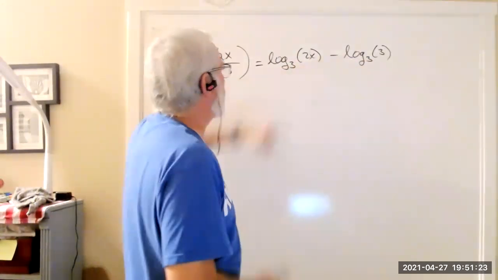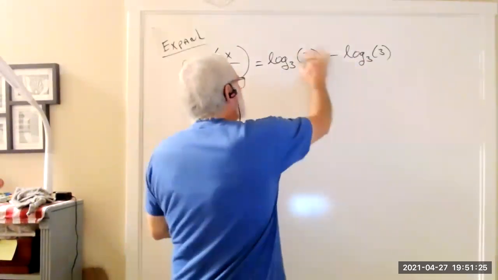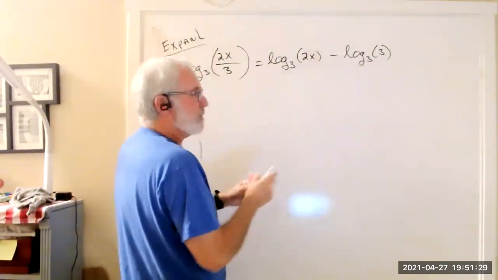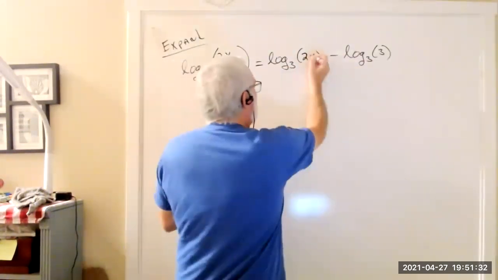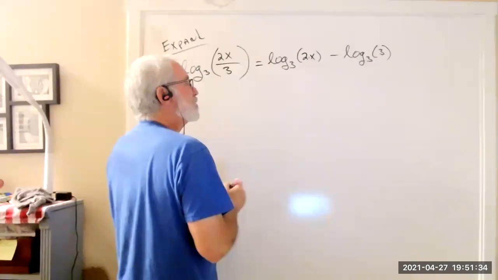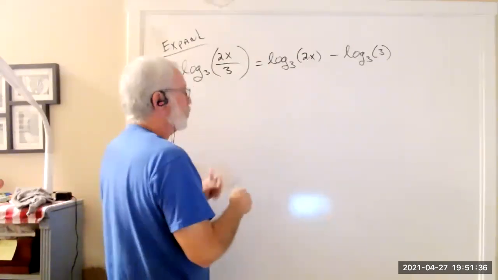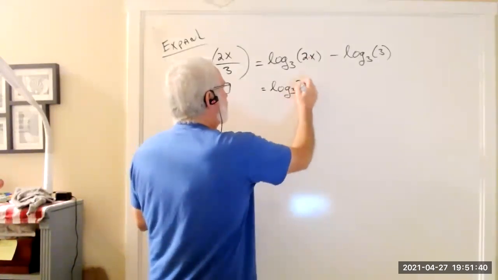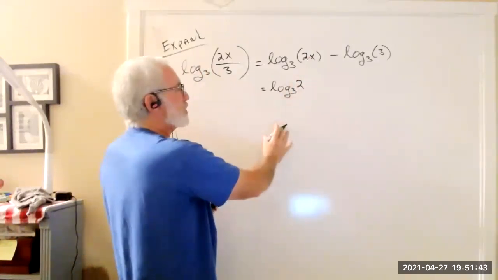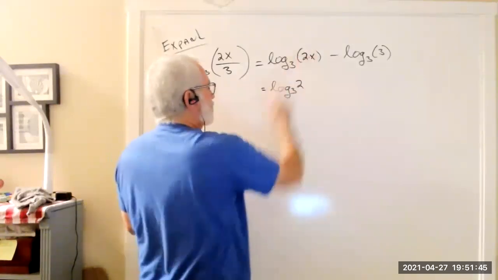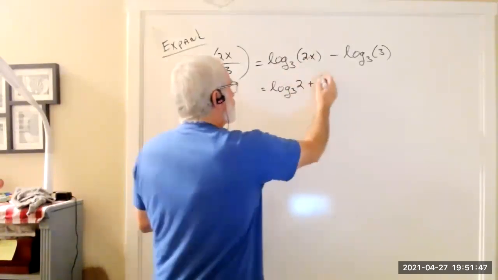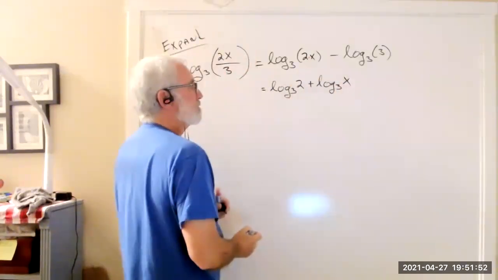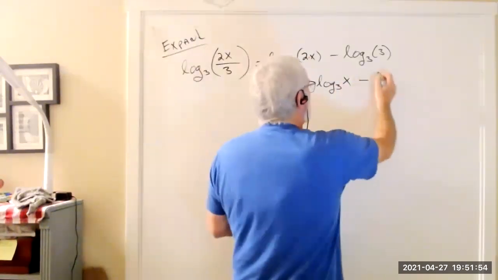Okay, then I'm looking at 2x. But when we write 2x, remember that means 2 multiplied by x. So I can use the product rule, product multiplying, to say this is the log base 3 of 2 plus the log base 3 of x, minus 1.